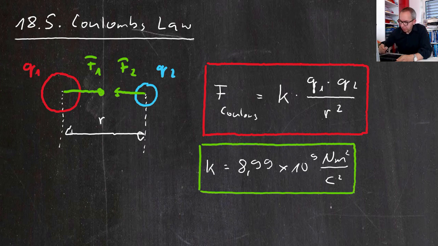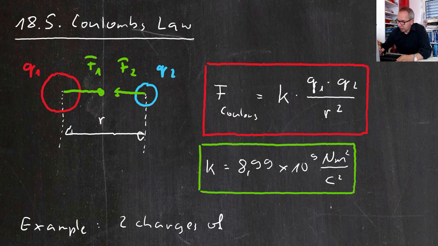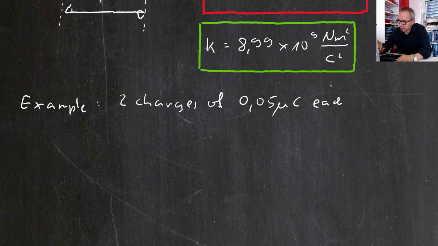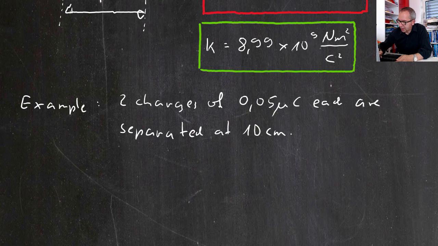Let's do an example. So let's assume you have two charges that are charged with 0.05 microcoulombs each, and they are separated at a distance of 10 centimeters.